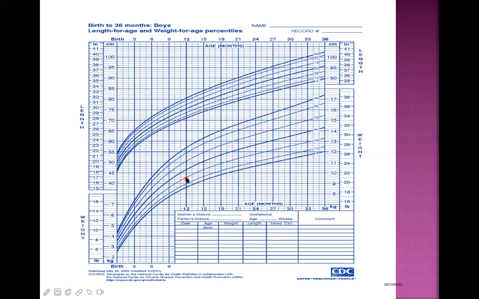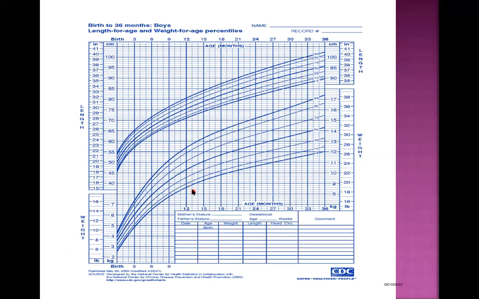It is near to 10. So that 10 kg is the expected weight of a 1 year old baby. Now, how much weight is our baby having? If it is near to 10 kg, we are quite satisfied. If it is not, we need to calculate what is the grade of malnutrition. This is called a proper or standard percentile chart.